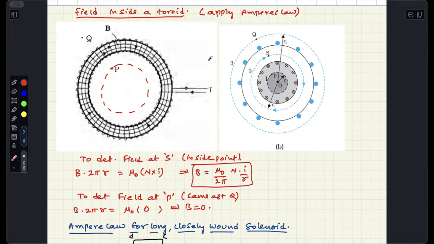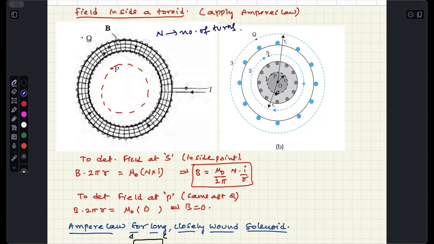Is mu naught times... remember here N stands for the total number of turns. If there are total N turns, how many such dots will you get?